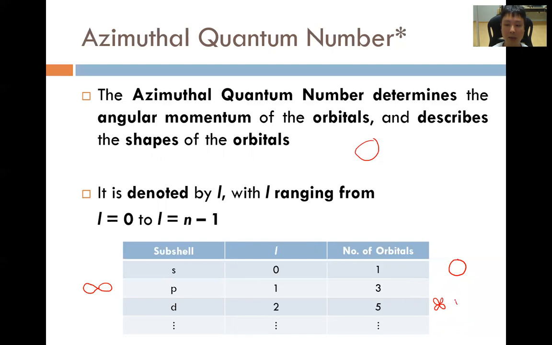And there's also one type of d orbital, which has a dumbbell and then a donut shape in the middle. So the azimuthal quantum number controls the shape of the orbitals, whether it is a sphere, a dumbbell shape, a cloverleaf shape, or this special shape.